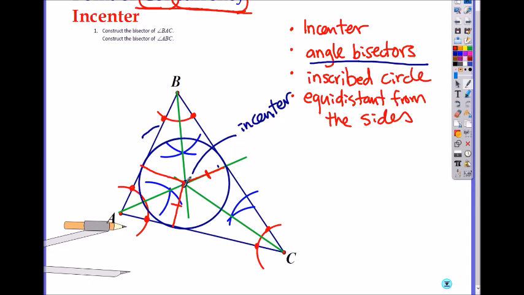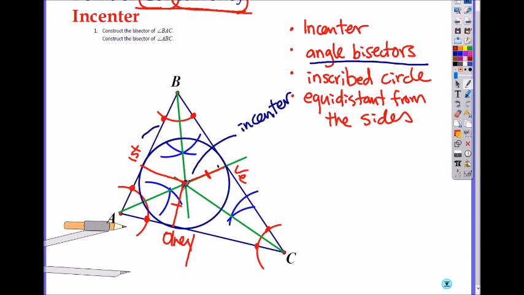They're not going to even mention incenter, angle bisector or inscribed circle, but they might say, here is first street, here is Venice Drive, and we want to build a clubhouse which will be equidistant from all three roads. Where should we build the clubhouse? Here, right? It should be equidistant from all three sides.